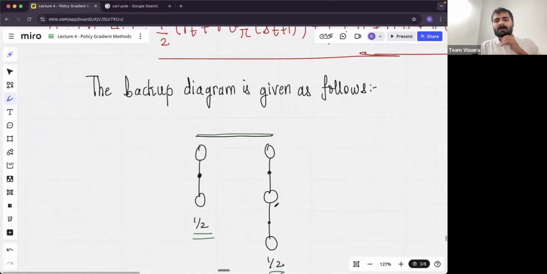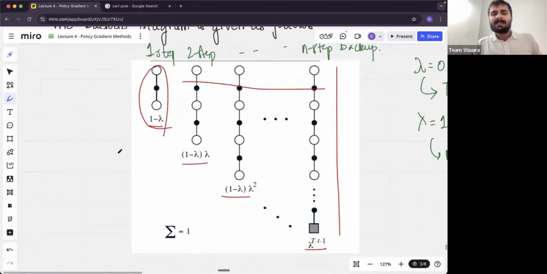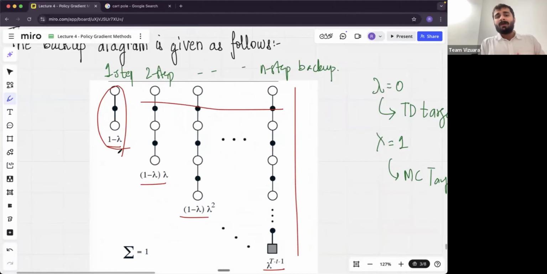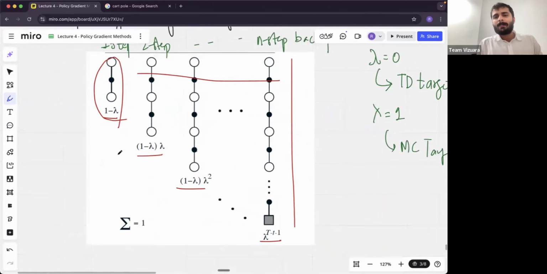So you do this where you assign a weightage of 1 minus lambda to one step backup, 1 minus lambda times lambda to two step backup, till the last step. So lambda offers you a very nice control between bias and variance, or control between temporal difference or Monte Carlo targets.